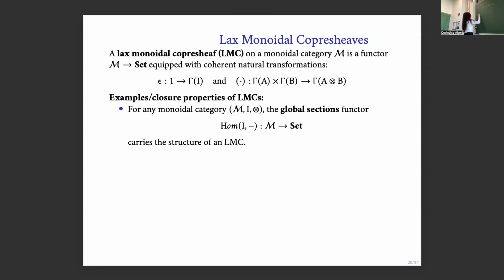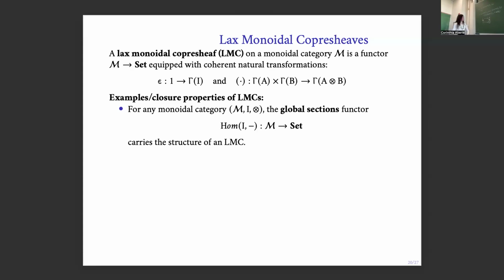And then we want this product operation where, if we have HOM I A and HOM I B, then we want to get a morphism from I to A tensor B. And so if I draw this out, that means we have some morphism from I to A, and some morphism from I to B. Because the tensor product on the monoidal category is a functor in both arguments, we can first tensor these morphisms together.